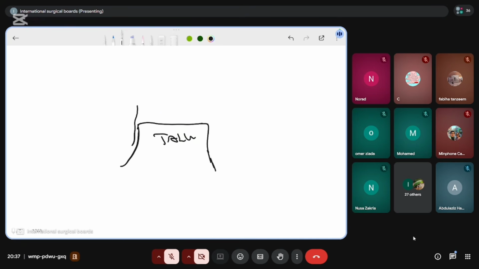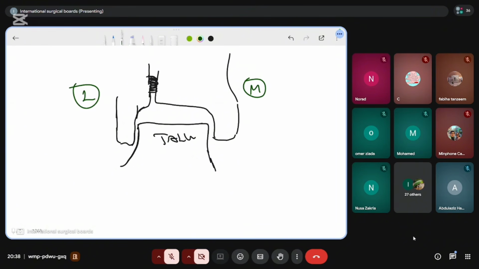And suppose this is the fibula, and this is the tibia. This is the tibiofibular syndesmosis. This is medial, right? That's lateral. This is the deltoid ligament, right?